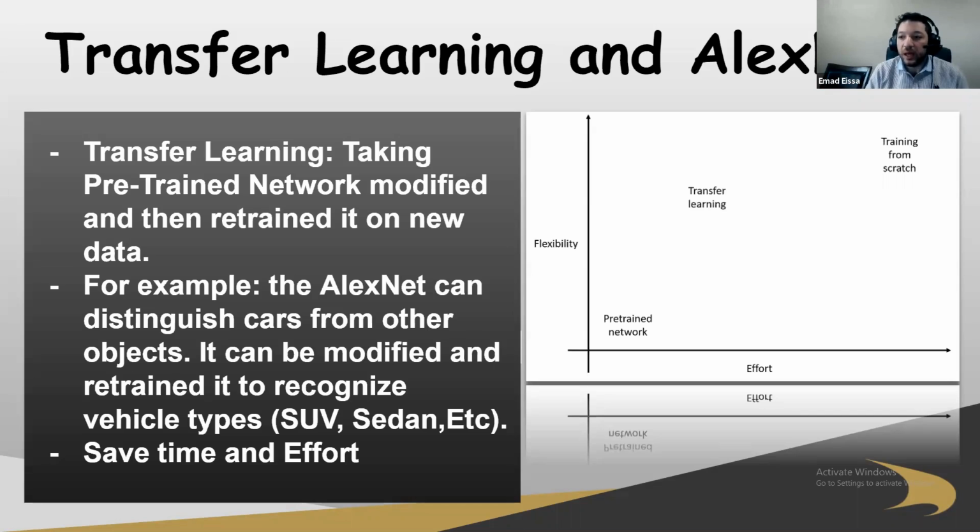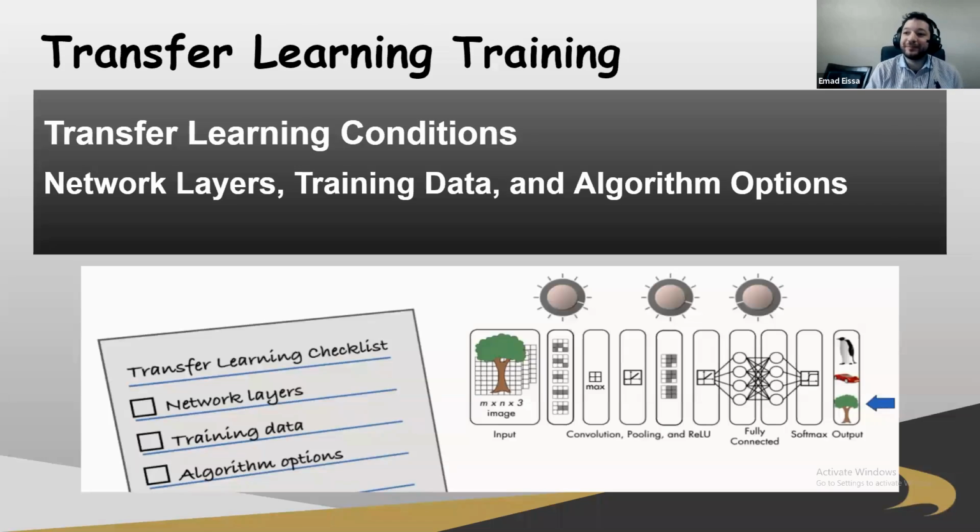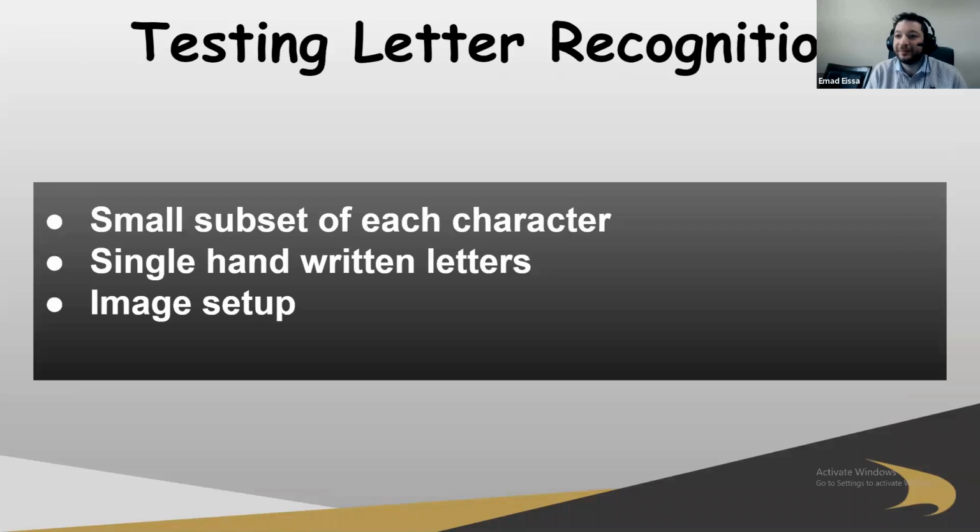Transfer learning saves a lot of time, and at the same time it's fairly flexible, so it was a good choice for us. Next. To do transfer learning, we needed the network layers, the training data, and the algorithm options. And next, Grant will take over.